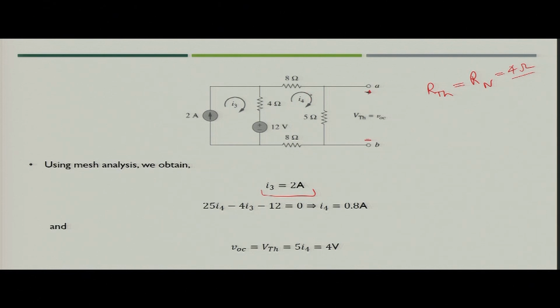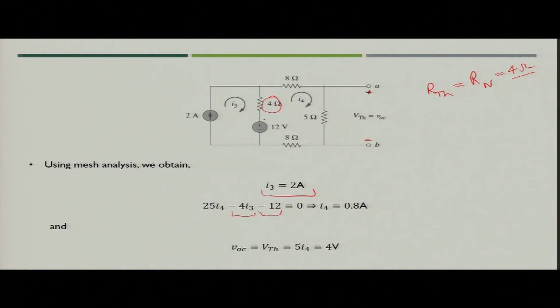Now, again to find out the value of I4, you will start with minus 12, that is you are starting from minus to plus when the direction of current is seen from this side. Then you have the 4 ohm resistance, with I3 in this direction and I4 in this direction.